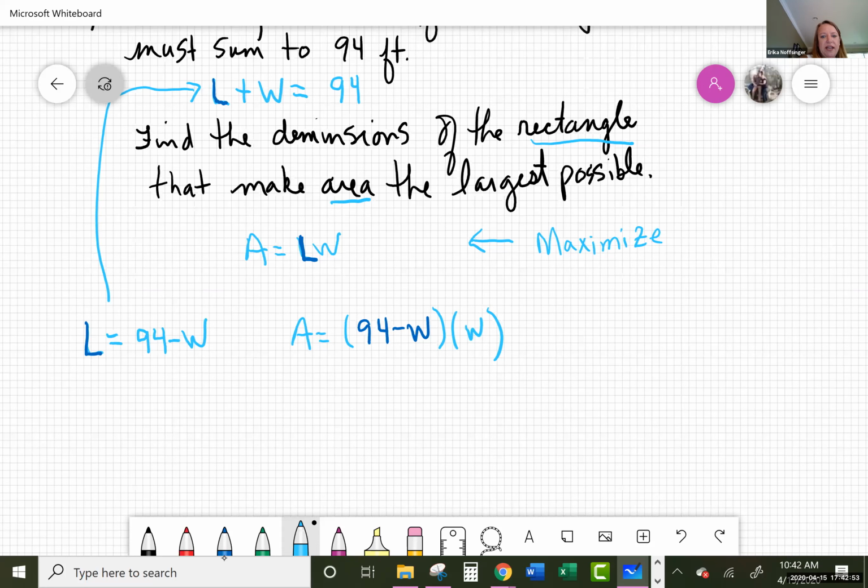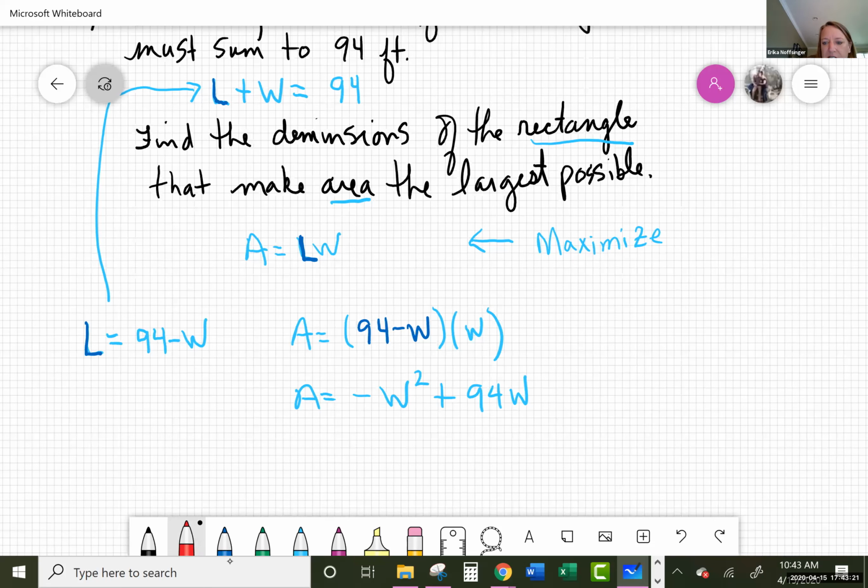And so looking at that, let's distribute our W and rewrite it so that the W squared piece is first. When I distribute my W inside the parentheses, I get 94W minus W squared. So I'm going to write it as negative W squared plus 94W, just rewriting the order because normally we see the square piece first. Look at this.